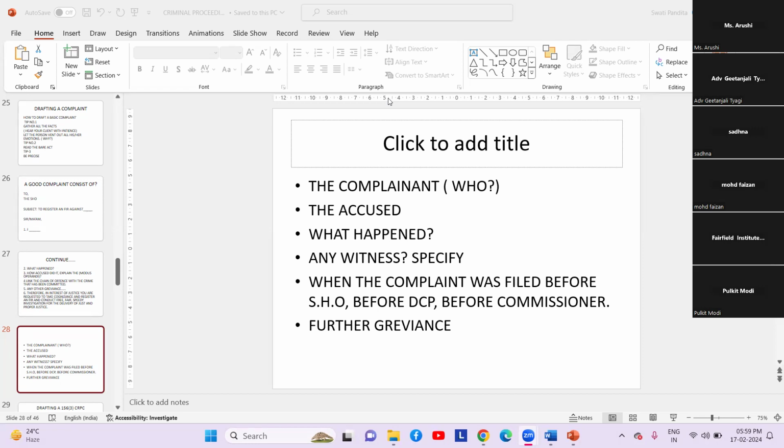Initially, when I used to write down the provisions, the sections of IPC or other offenses under which I wanted the complaint to be registered, but now I have learned we don't need to do that. What we have to do is write down कि I will continue with the example of those two brothers.